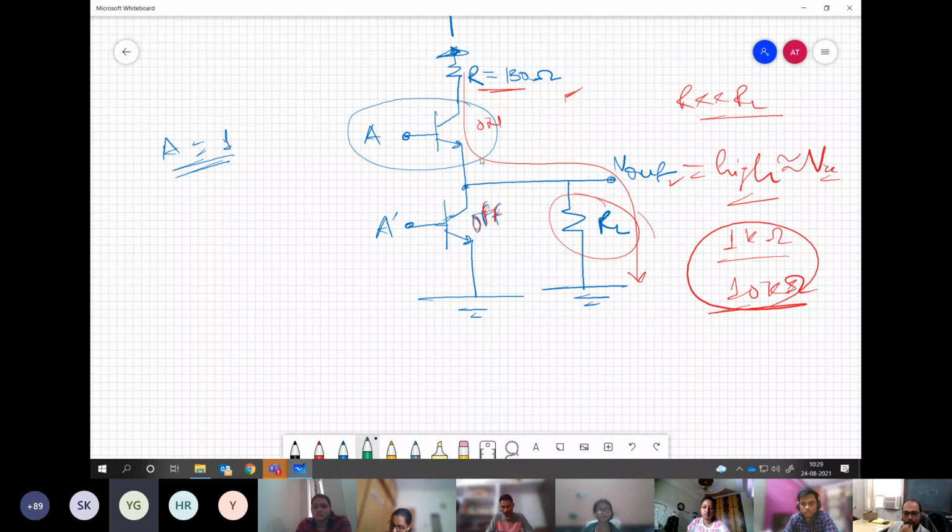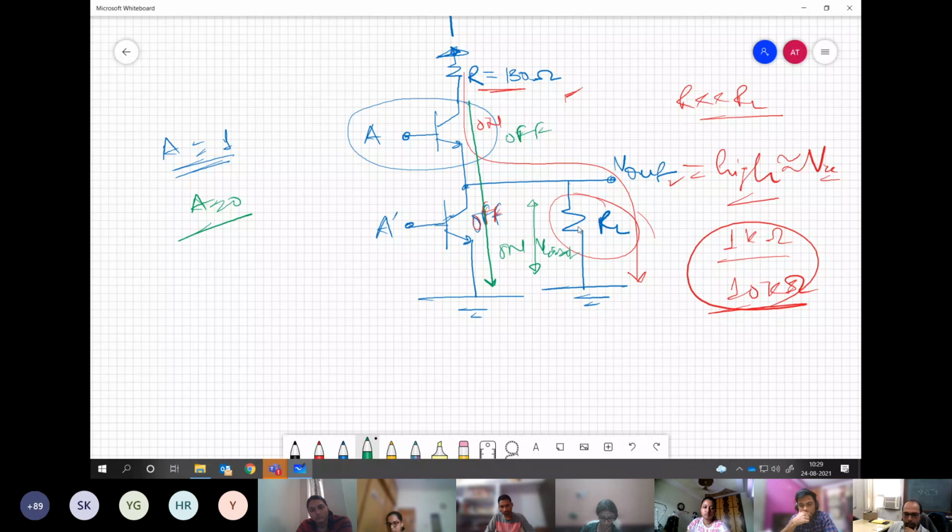Now the second condition, if you give A equal to 0, what will happen? This will be off and this will be on. Now your current will flow like this, and only the VCE sat voltage over here will be applied across the load, which means V out would be 0 or low state.